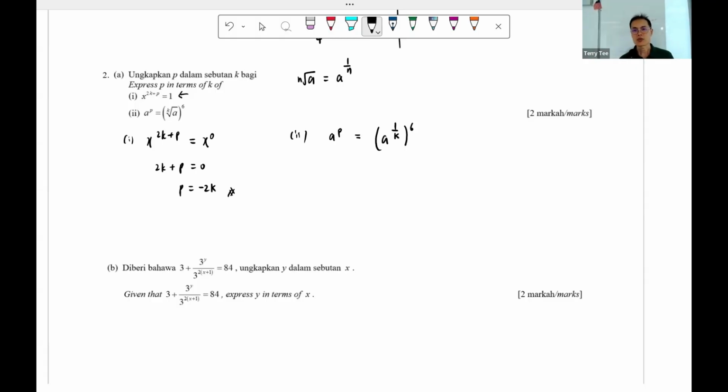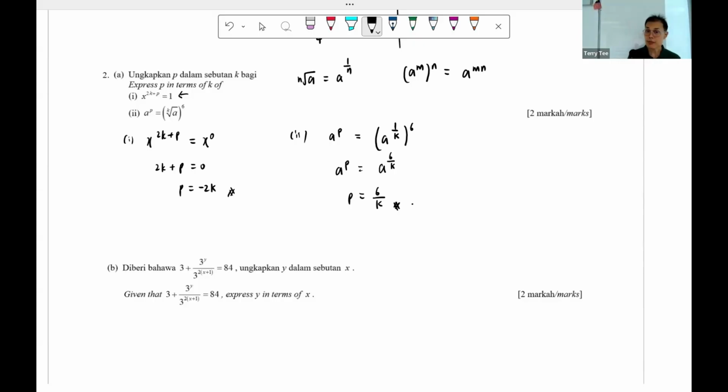What I need to do is first multiply together, and you all know this basic rule: when you take a power m power n, the result is a power m times n. So on the right-hand side, you can write this as a power 6 over k, and by comparison, we get p equals 6 over k. There you go, p in terms of k.